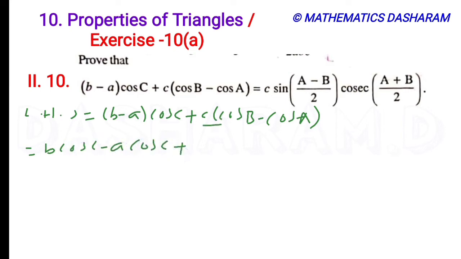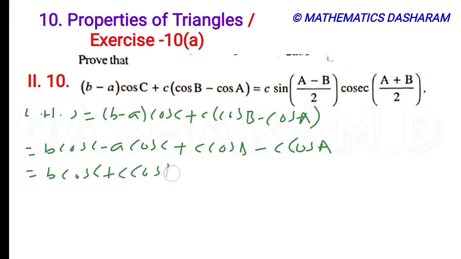Next here c multiplied inside: c into cos b minus c into cos a. So b into cos c, next you write c into cos b, so plus c into cos b. Next from these two take the minus common, so a into cos c plus c into cos a.